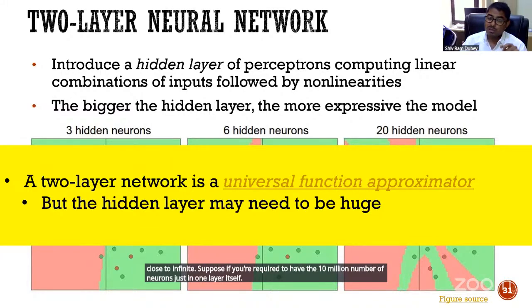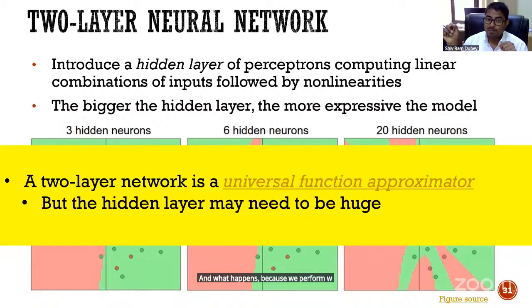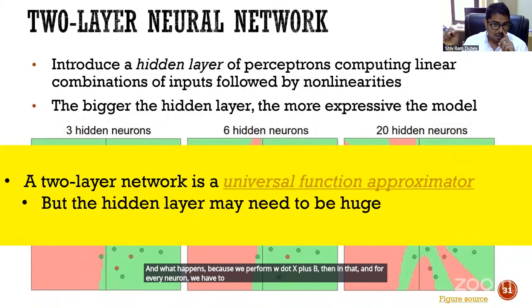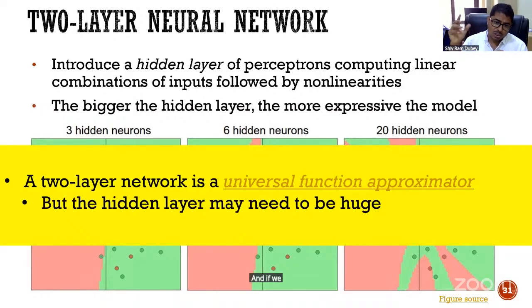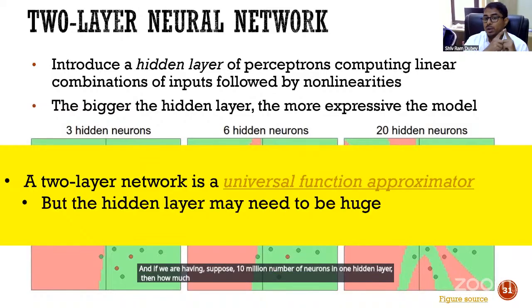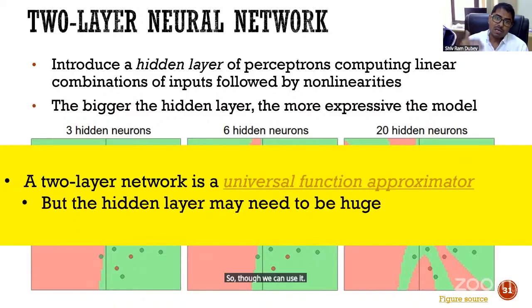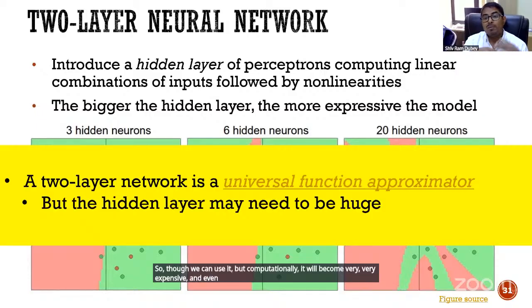What happens is that for every neuron we have to perform this w dot x plus b. And if we have 10 million neurons in one hidden layer, then how much computation is required? Though we can use it, computationally it will become very, very expensive, and it is even possible that we might not be able to afford that.